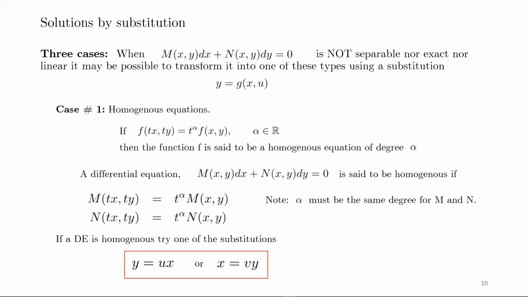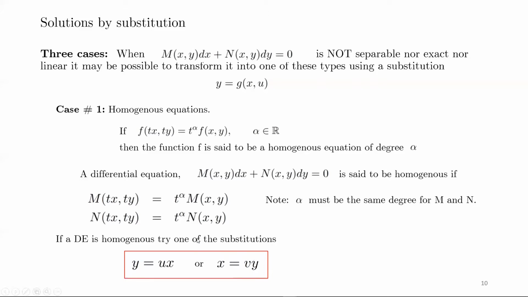If we show that this differential equation is homogeneous, then we can try one of 2 substitutions: y equals u times x, where u is our new substitution variable, or x equals v times y, where v is a new substitution variable.